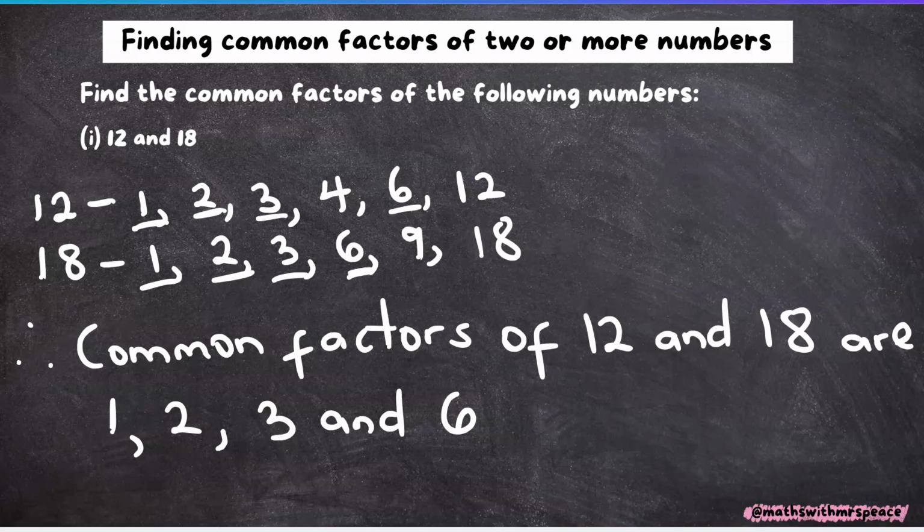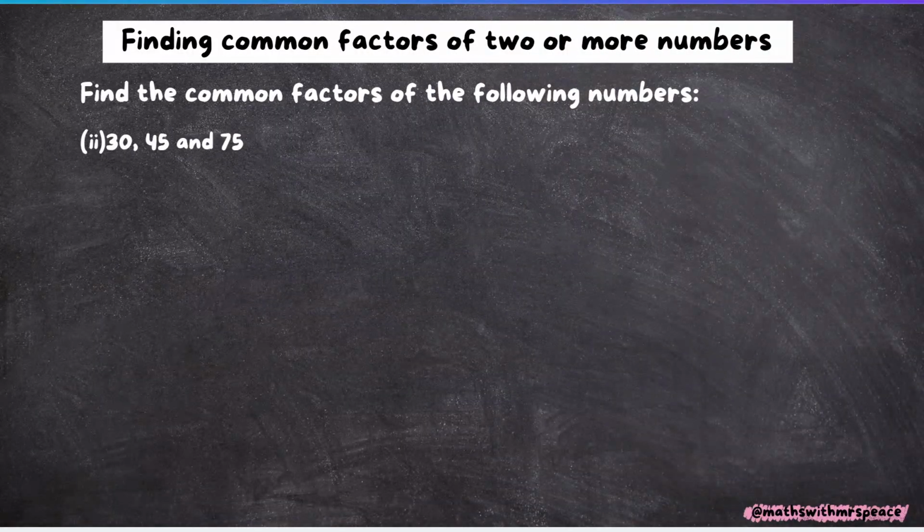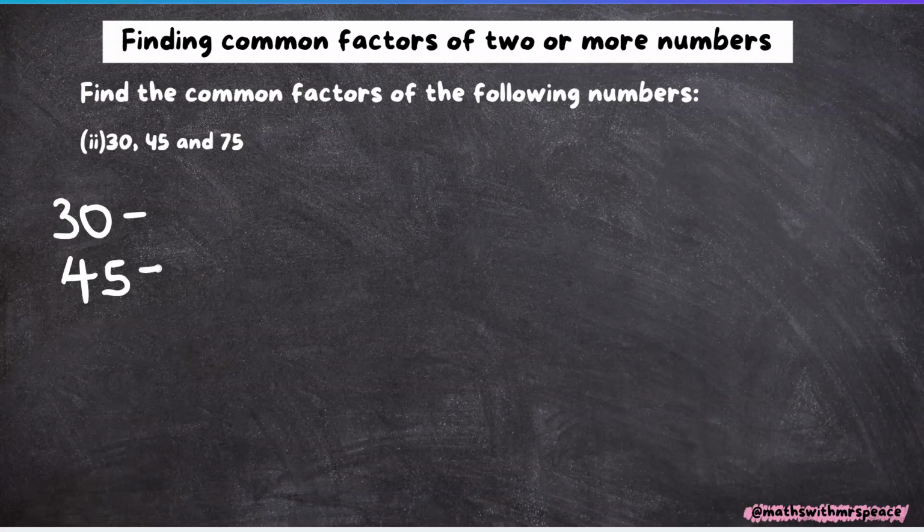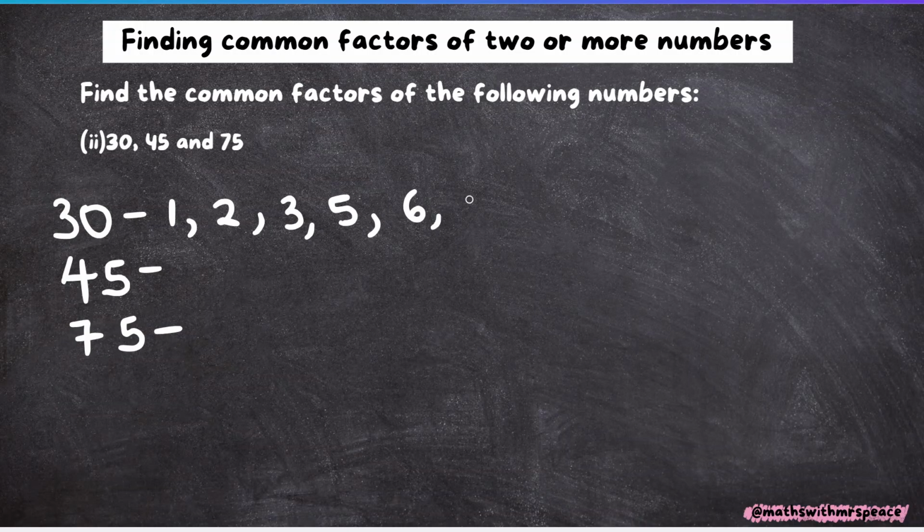Moving on to more examples of common factors. We have 3 numbers here, 30, 45, and 75. And the process is the same like we did when we had 2 numbers. So we'll be listing the factors of 30, we'll list the factors of 45, and then we'll also list the factors of 75. For the factors of 30, we'll have 1, 2, 3, 5, 6, 10, 15, and 30.